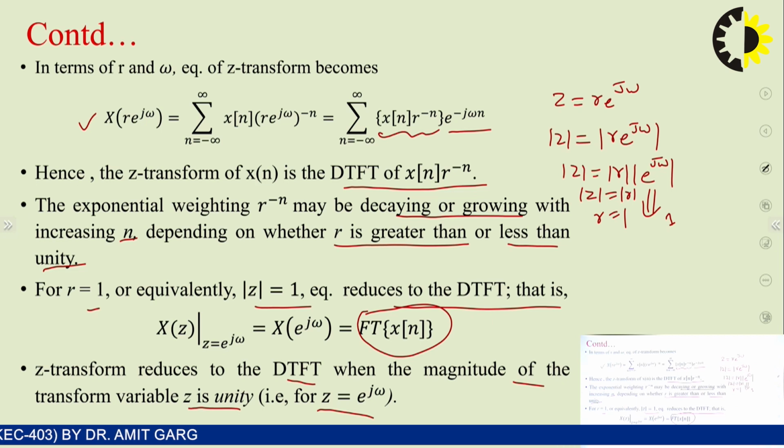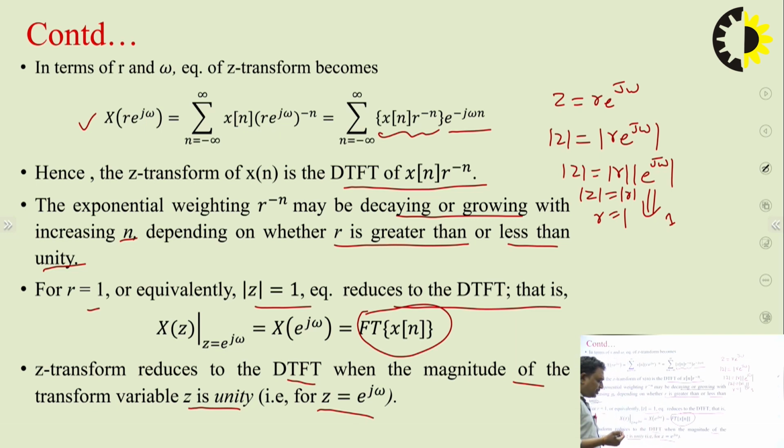If the system that you are taking is stable, then if you simply put z equals e to the power j omega in the expression of X(z), you will get the corresponding DTFT value. So you can also get the DTFT value from here.